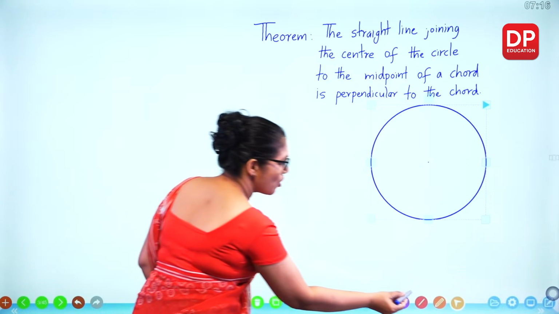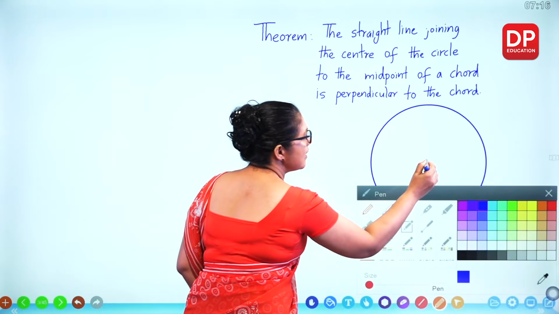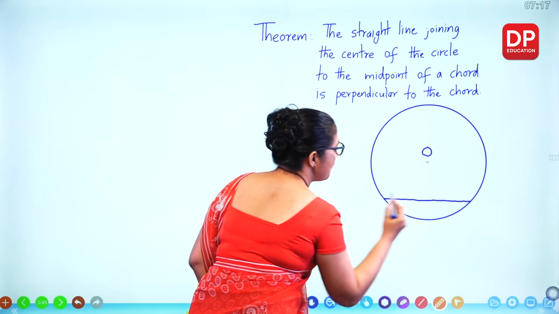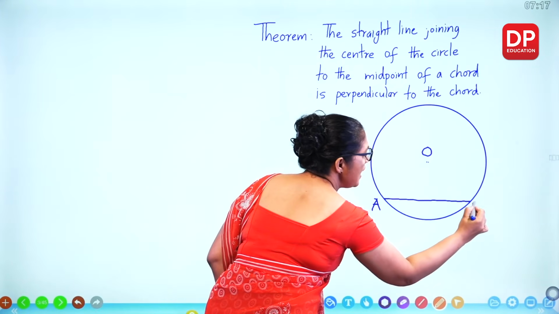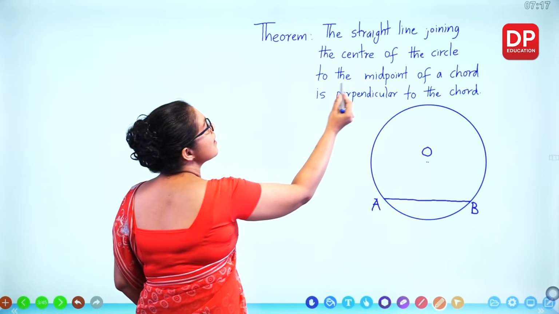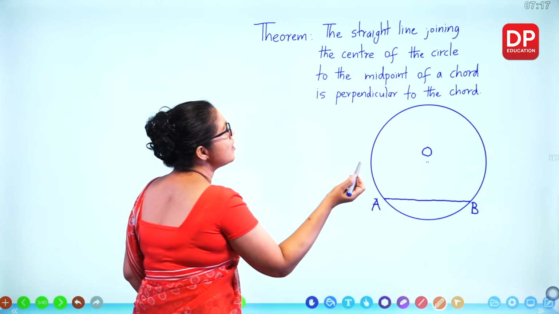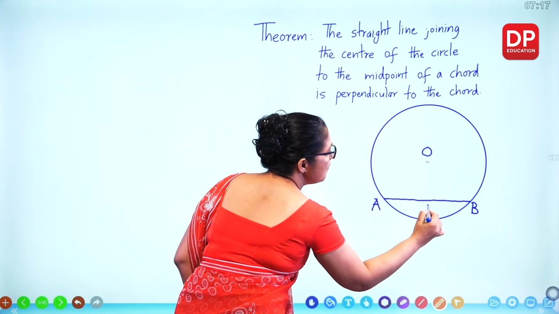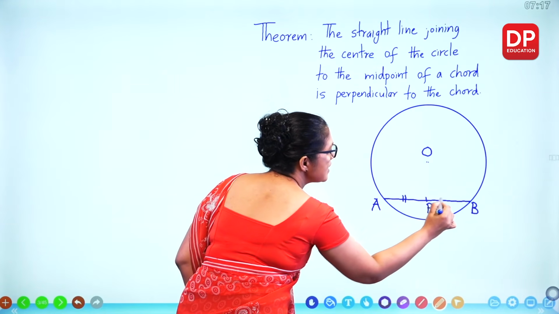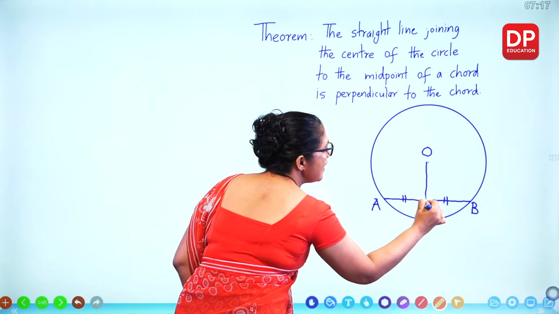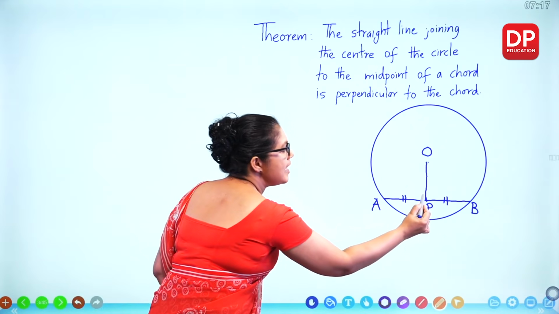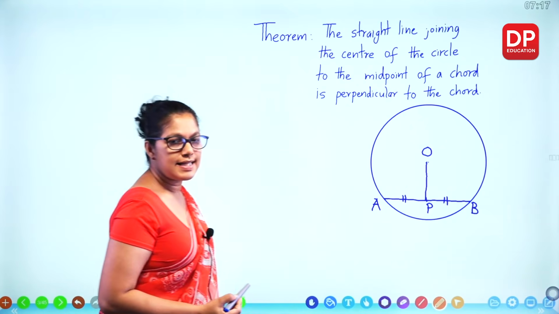So here they want to show that when you take the center O and the chord AB, the straight line joining the center to the midpoint, here we'll take P as the midpoint, is perpendicular to the chord. So we need to show this is 90 degrees.